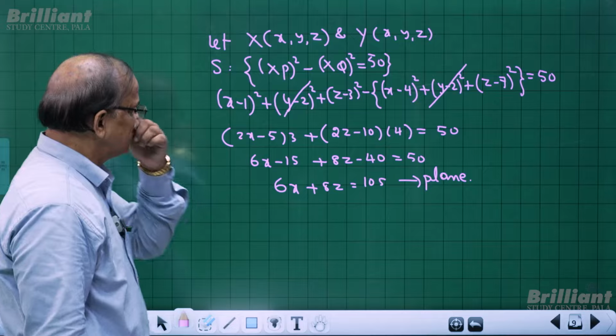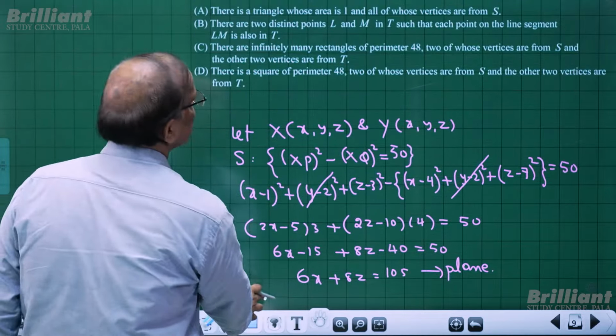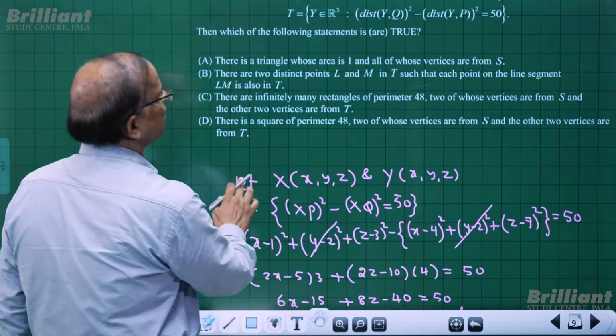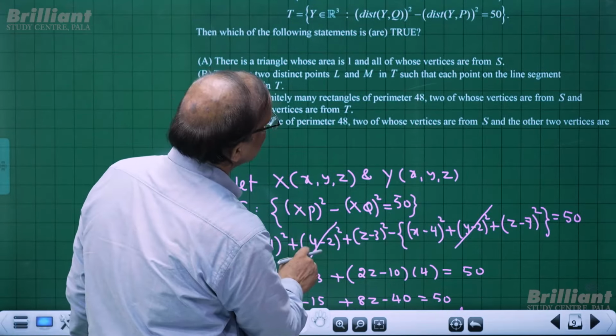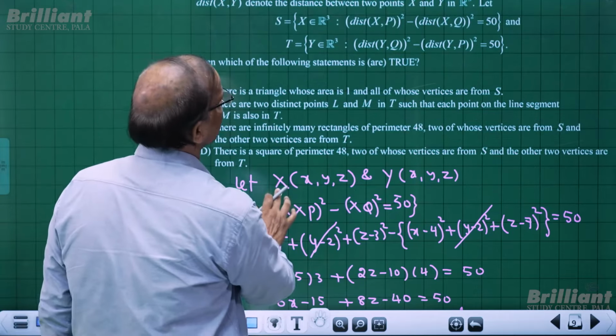Now, next another set T is given. Set T is: YQ squared minus YP squared is 50 again.